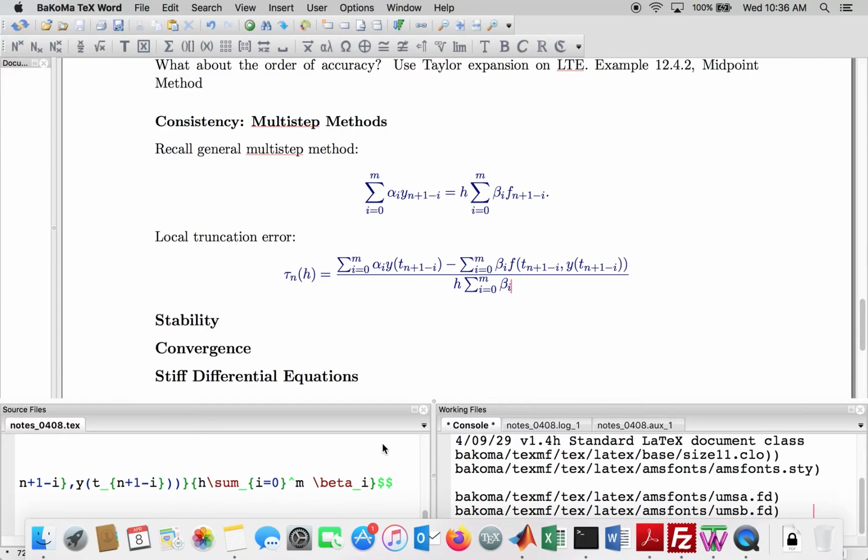And the reason for that is that way, okay, actually, because I divided by h up there, I need to put an h there.